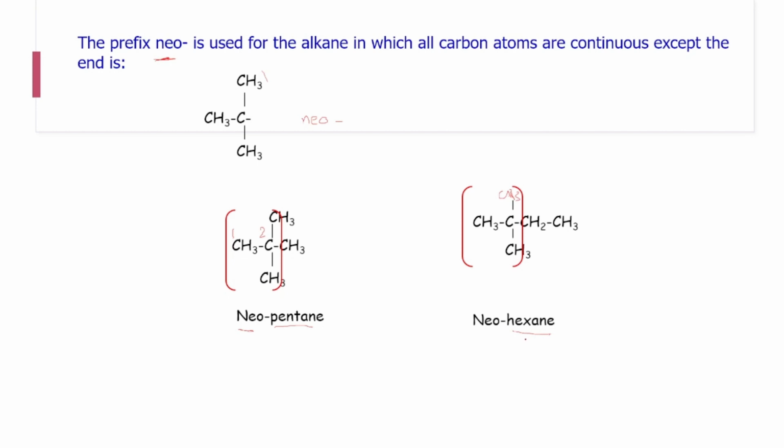But this is not a straight chain hexane, so it's not N-hexane. Here there are 2 methyl groups that are bonded to carbon number 2, or they are a branch here. You have one branch in the form of a methyl group connected to carbon number 2. In this case, you should add the prefix neo.